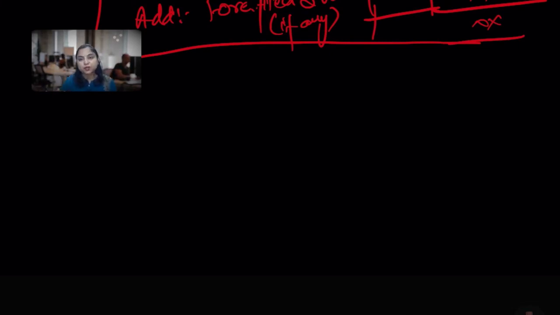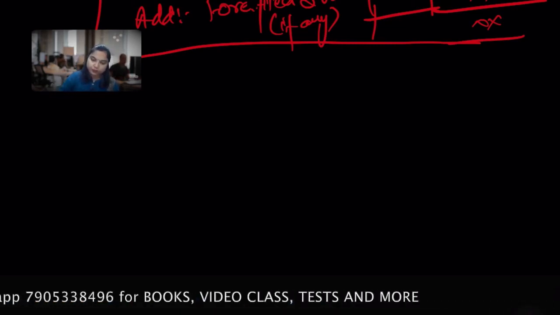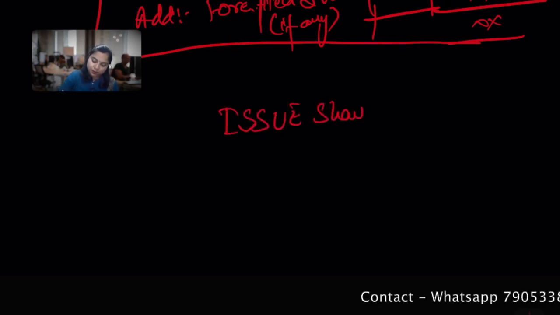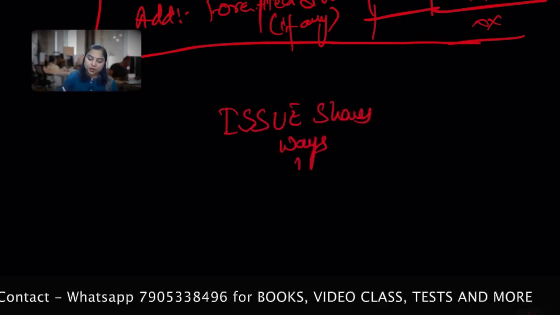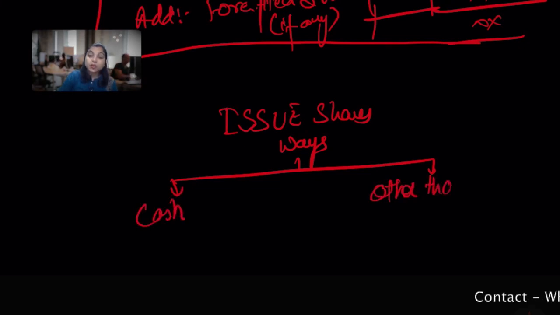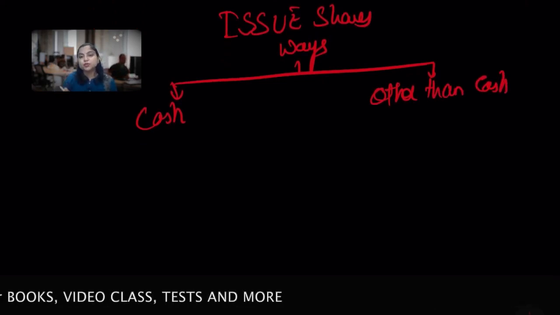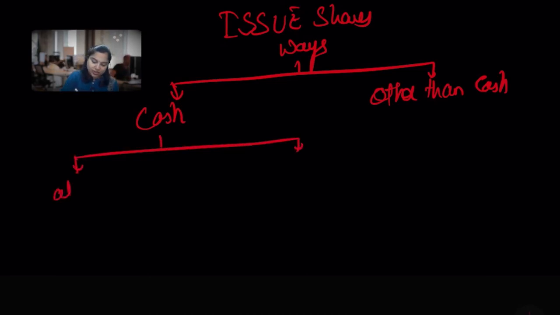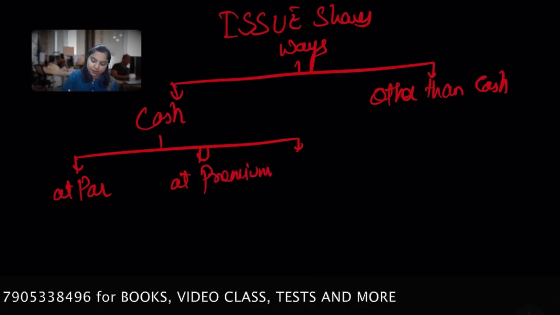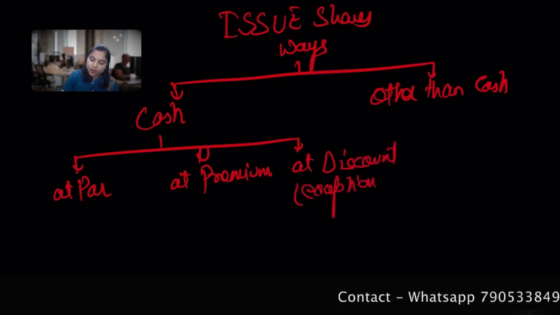If the company decides to issue these shares for consideration in cash, they can either issue at par or at premium, and now I'm going to discuss something very important, at discount in exceptional cases.